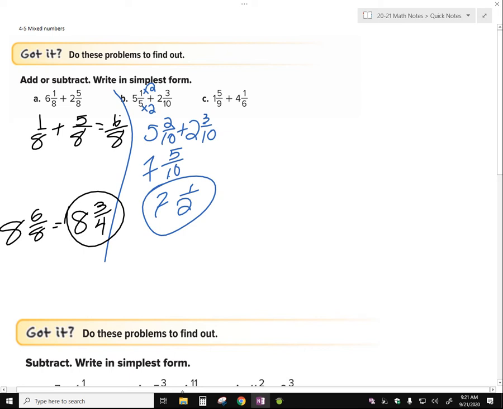All right, next one. We have 1 5/9 plus 4 1/6. Microphone's on, good. So with this one here, we have to find the least common denominator, LCD, between 9 and 6 is 18.